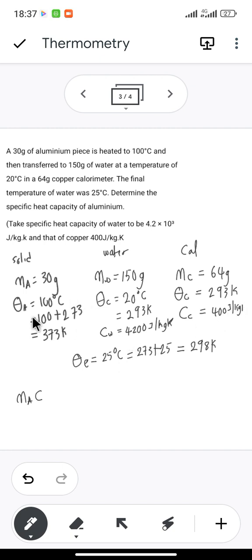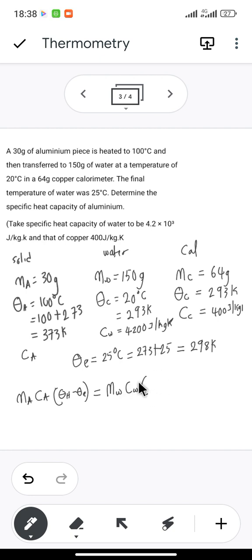So they're asking us to find the specific heat capacity of the aluminium. So mC, this is C of the aluminium, change in theta. Remember, we said the change in theta is going to be theta hot minus theta of the equilibrium temperature, is equal to M, mass of water, specific heat capacity of water.